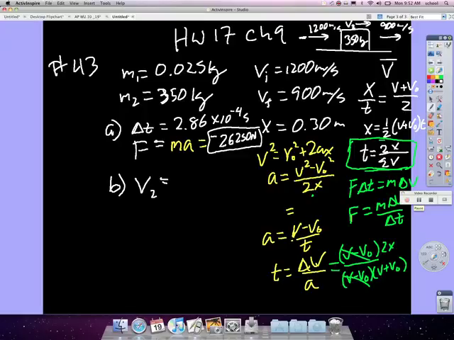I'll put final just to make it clear. And I should have put V1 initial, V1 final, just to be clear with everything. So does everyone see how you're going to find V2 that way?